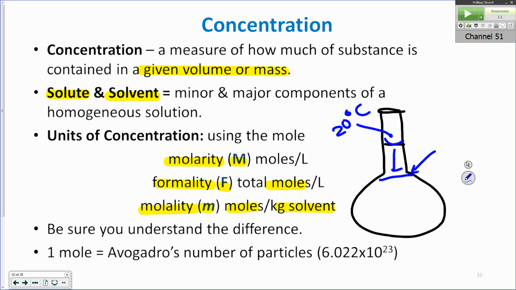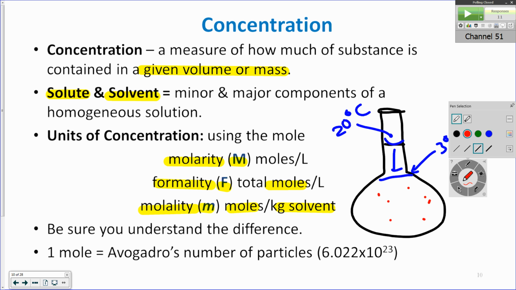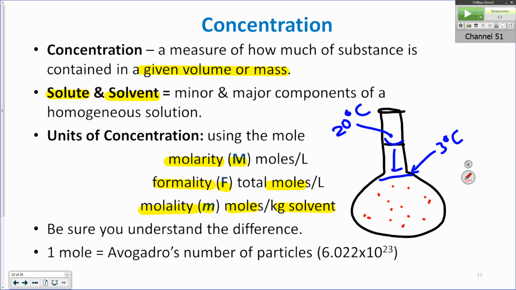All right, so now at something like 3 degrees Celsius, the volume decreases. Now there's still the same number of moles of whatever the solute was in here. This is a sealed container, but it's got colder. The molecular motion slowed down. The volume decreases. So did concentration go up or down when that happened?